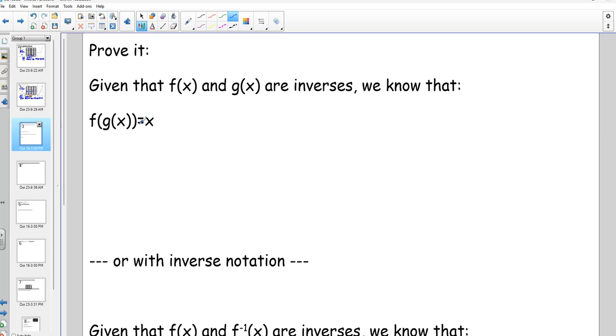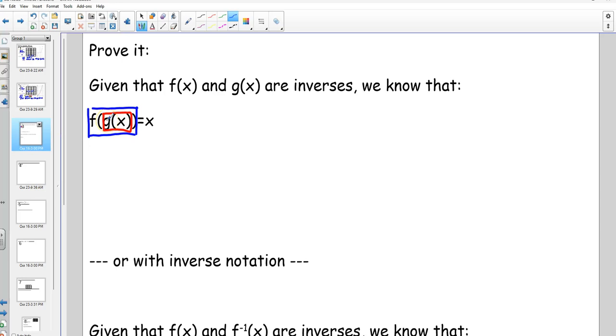So if I have f of g of x equals x, I'm going to take the derivative of both sides of that. Over here on the left side, f of x is my outside function, g of x is my inside function. So when I take this derivative, I got to take the derivative of f.